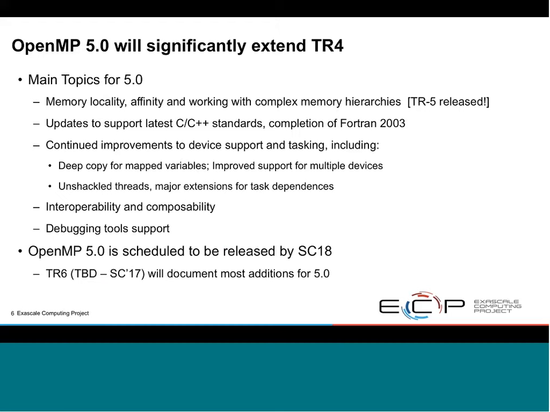And for that, we just released a technical report this year that describes an API to manage different types of memories with OpenMP. This is something that we really need feedback from the community on, so that we improve the way we specify this in the standard.